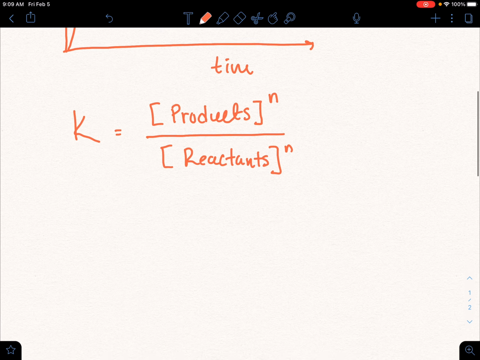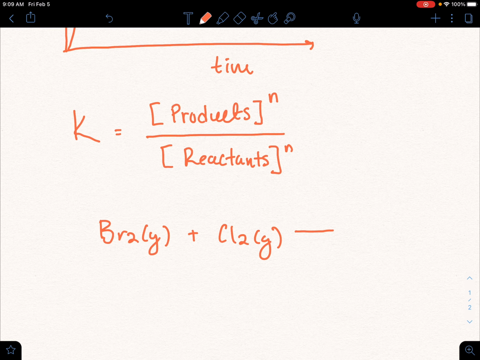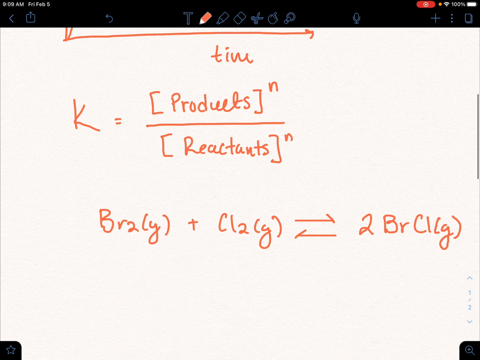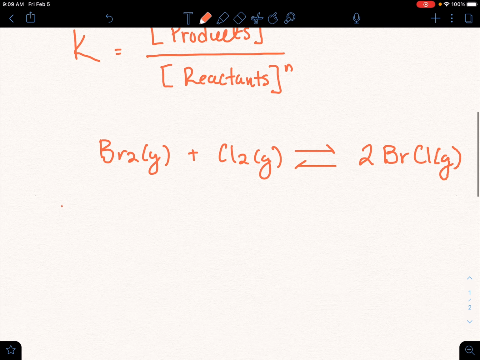So if, for example, we have an equation like Br2 gas plus Cl2 gas, and again, the double arrow means we're in equilibrium, and then we have 2BrCl gas, right? The way you write the K value is the concentration of your product.